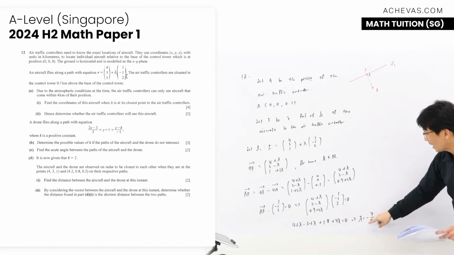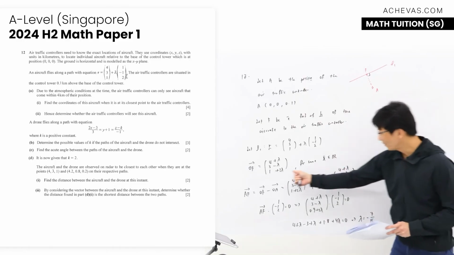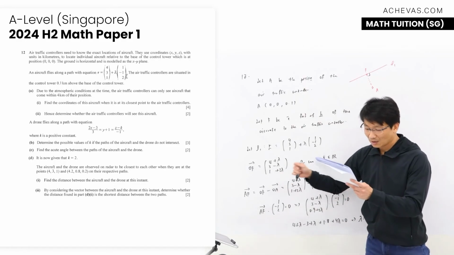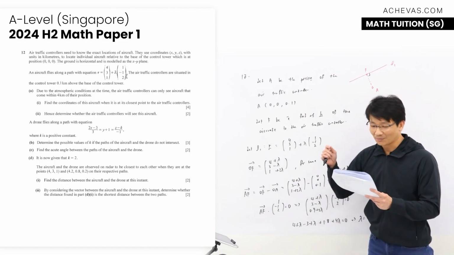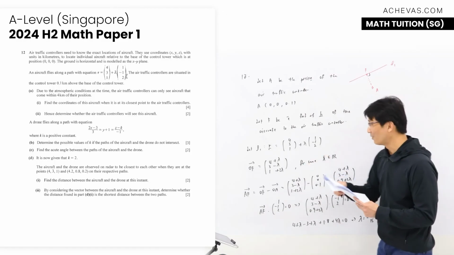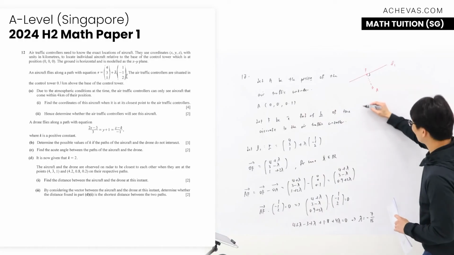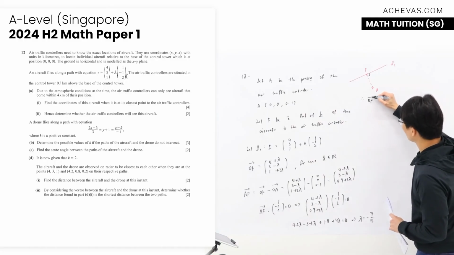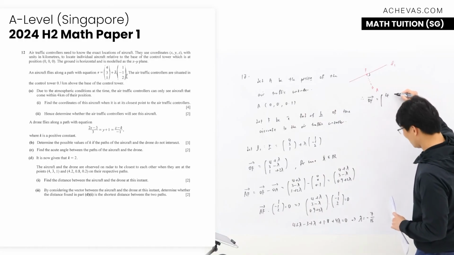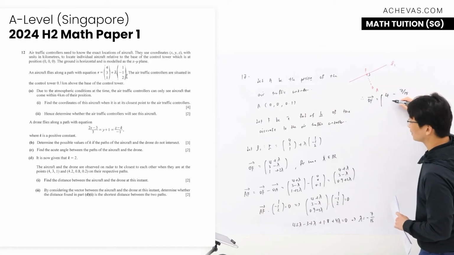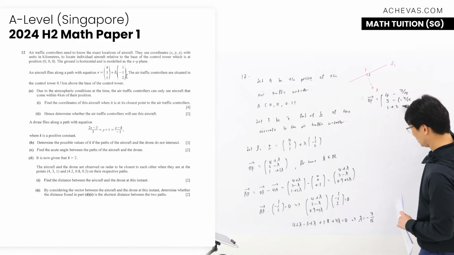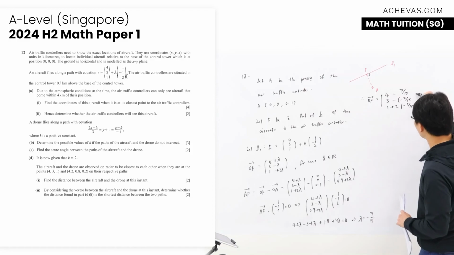I'm going to sub lambda back into my OF here. This will give me the foot of perpendicular that I require. So OF will be equal to (4 minus 7 over 15, 3 minus 7 over 15, 1 plus 2 times minus 7 over 15).